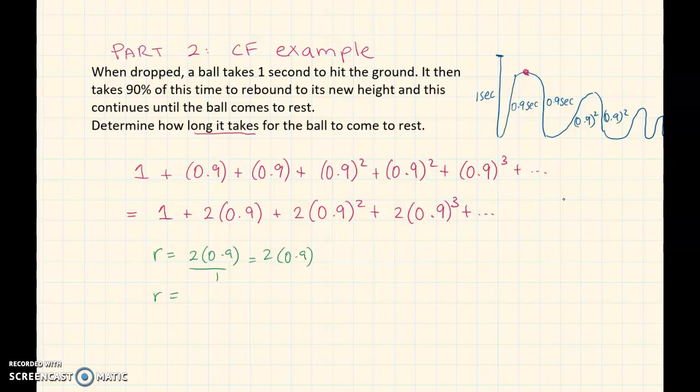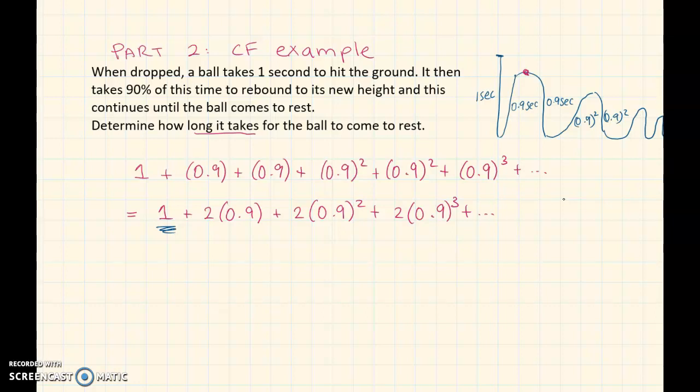And I would test again by doing the third term divided by the second term. And you see that you actually get different answers there. So that doesn't suit our requirements for a geometric series. So I'm going to keep this one separate, and we'll just add it on at the end to find out how long it takes to get to rest.